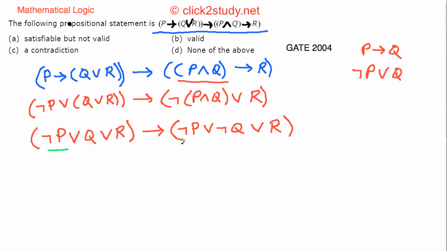We have not P here and not P here, and we have R here and R here, but what is different is that we have Q here and not Q there, and in both cases we have these OR signs.